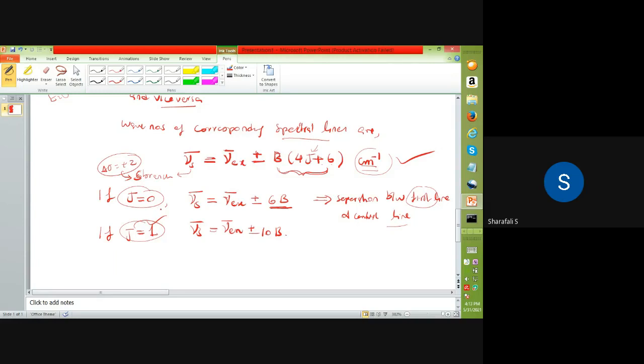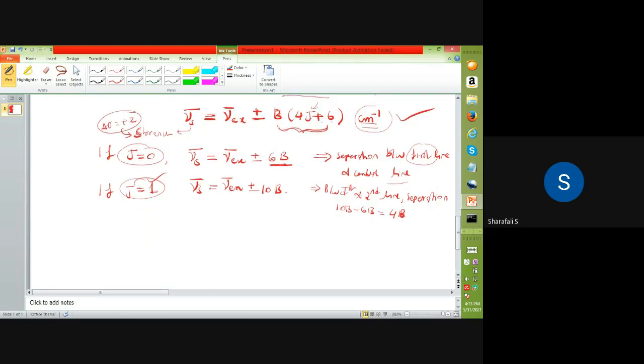In between the first and second line, the separation is 10B minus 6B, that is 4B. You can work this out again.